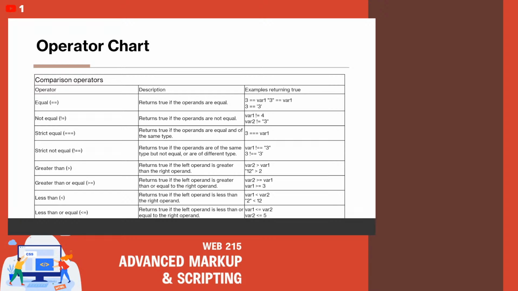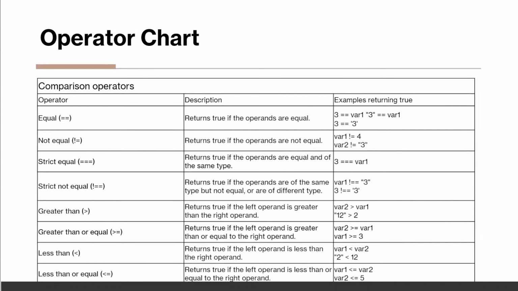Right, and one, two, three down, you might notice something a little new, a little different here, and that is the strict equals. That is the triple equals symbol, which is somewhat unique to JavaScript.